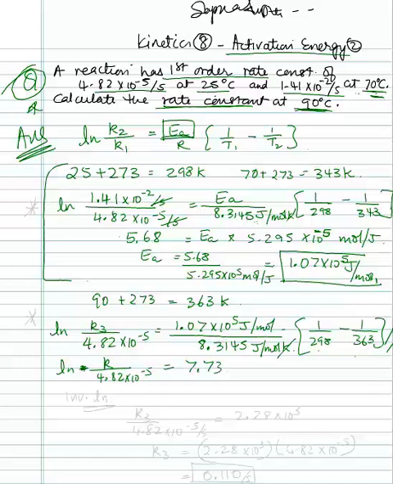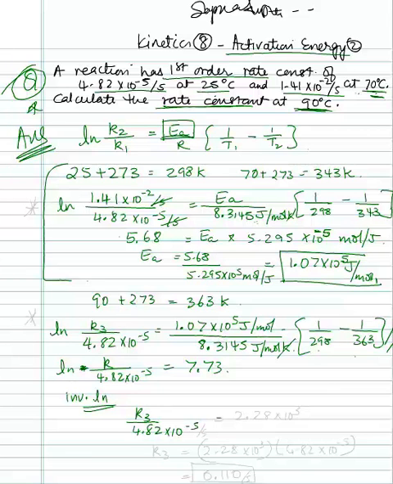And now for the inverse natural log. So you should have K3 over 4.82 times 10 to the negative 5 is equal to 2.28 times 10 to the power of 3.